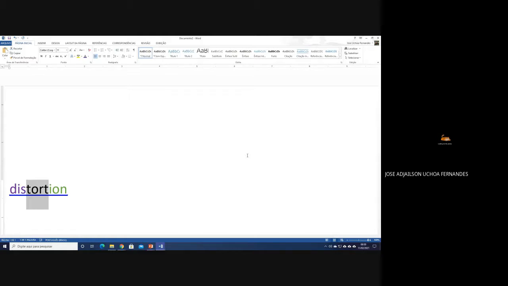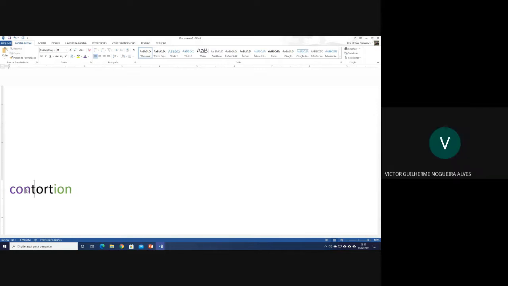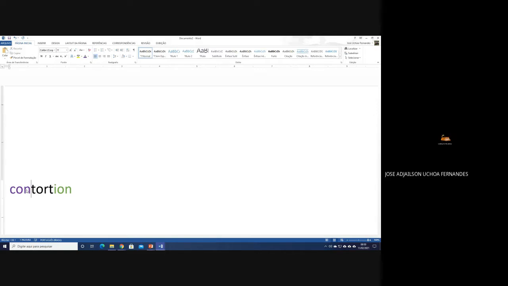Torto, né? O que é distorcer uma coisa? Entortar, né? Ou contortion. You see? Eu tenho 3 morfemas aqui. Distortion. This one means on its own.